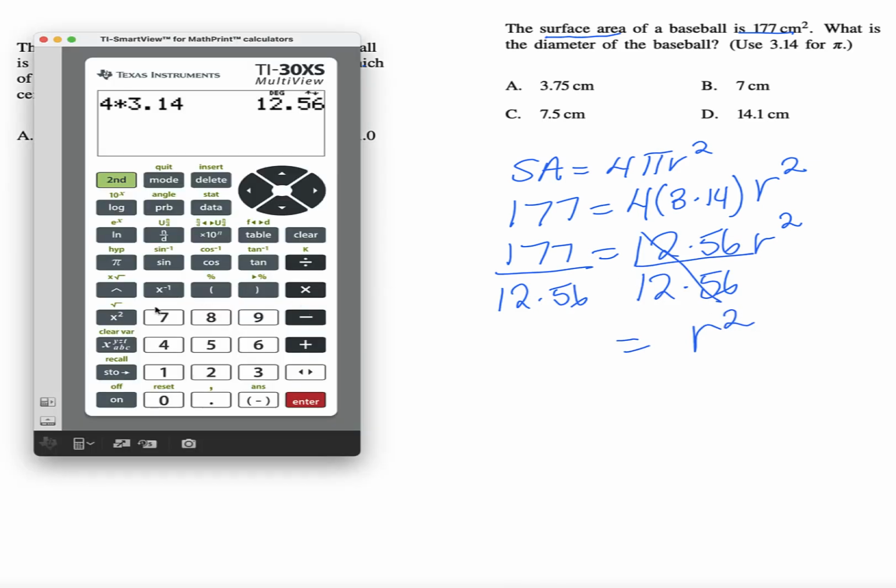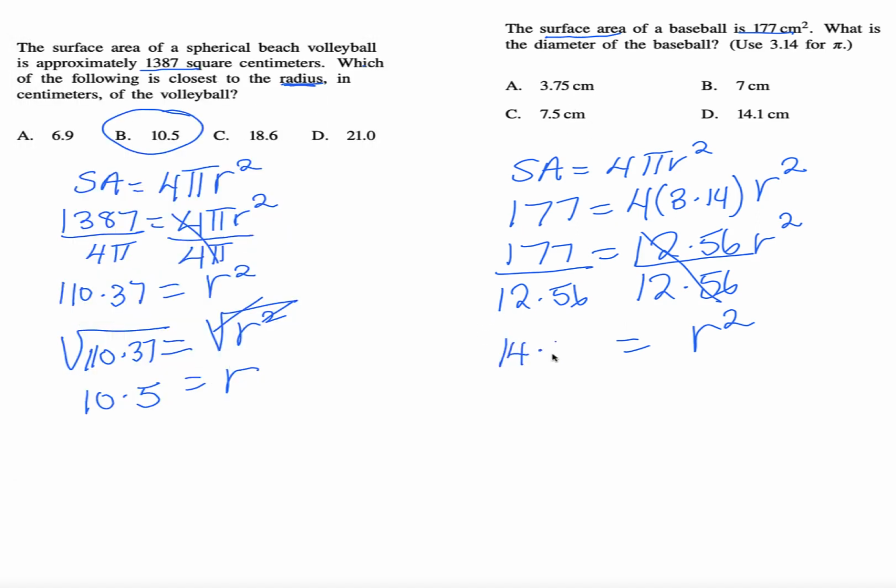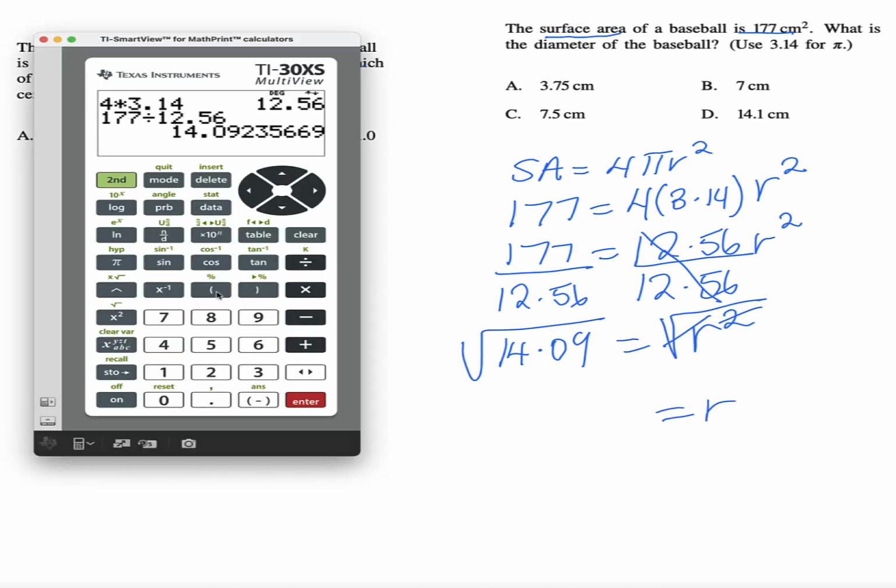Get your calculator. So 177 divided by 12.56. I have 14.09. Now remember, to get r, you're going to have to take the square root. Notice it's the same procedure as last time. The square root cancels the square, which gives you r. Second function, x squared, 14.09, and I get 3.75.